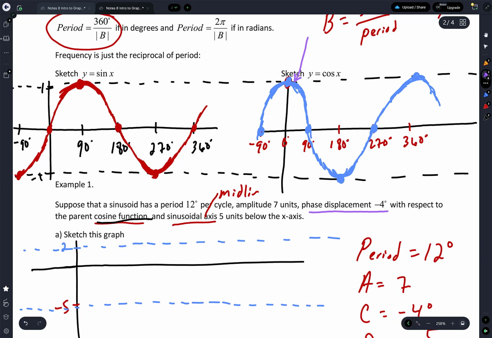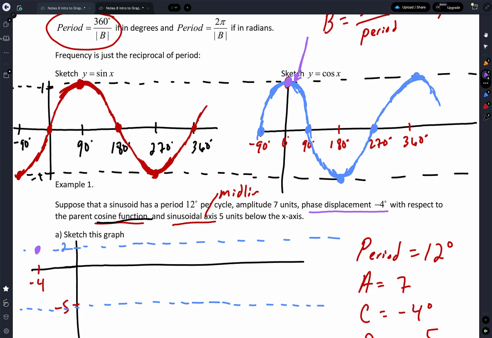So I'm going to say that -4 is right here, and I'm going to put a point right there. So put a point at -4, 2. Does everyone see why I put a point at -4, 2, guys? Be honest. No? Okay. You see how cosine x has a peak right on the y-axis?